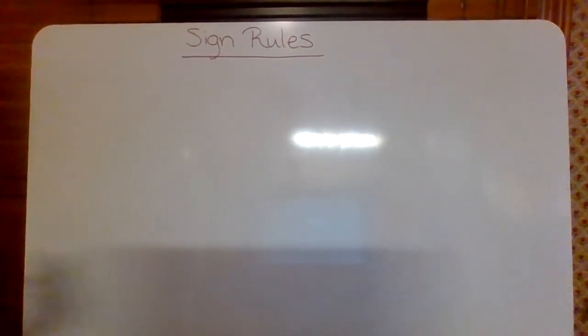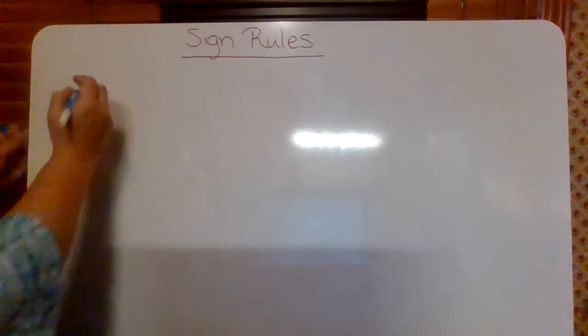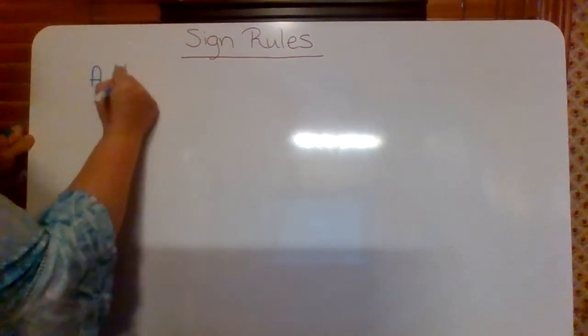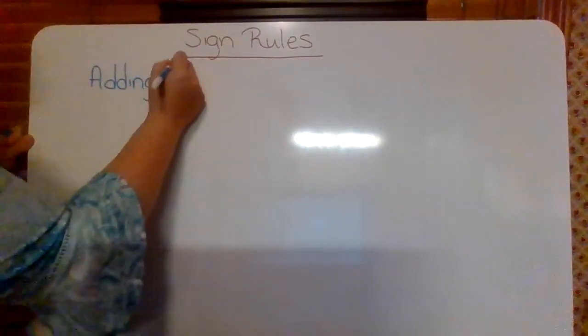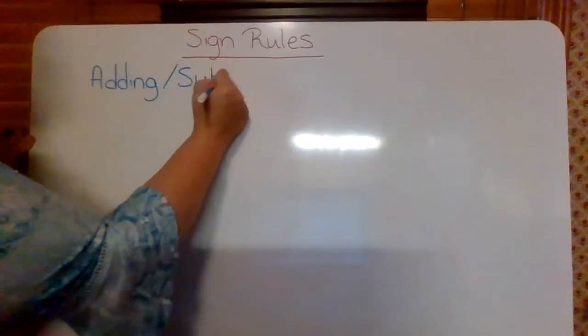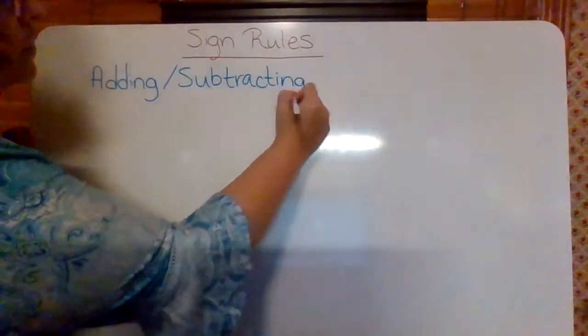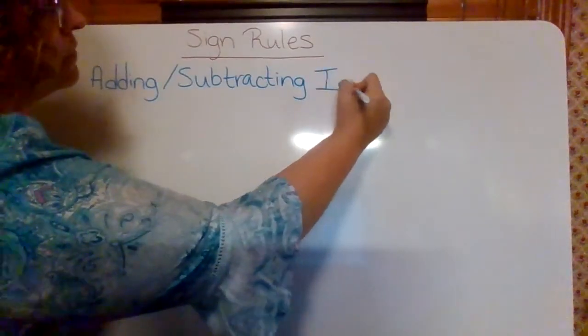So with your sign rules, the first thing we're going to talk about is adding and subtracting integers. Now, I love to change colors. That way you can kind of follow along where I am. So we're going to talk about adding and subtracting integers.